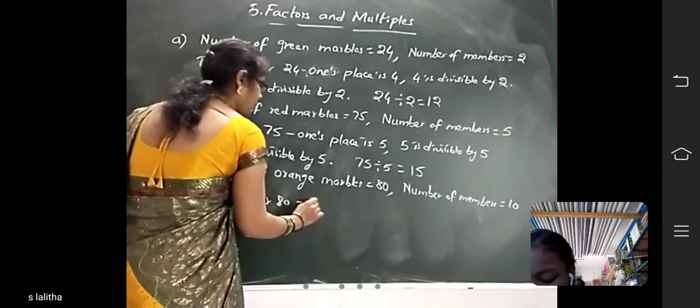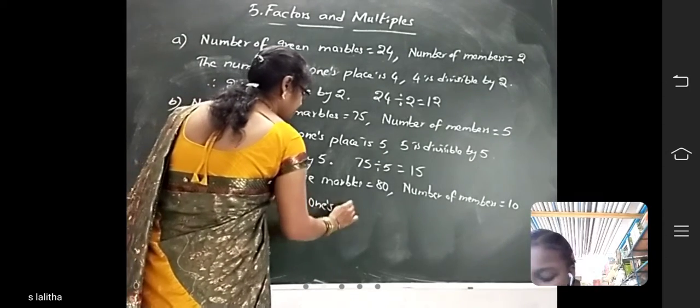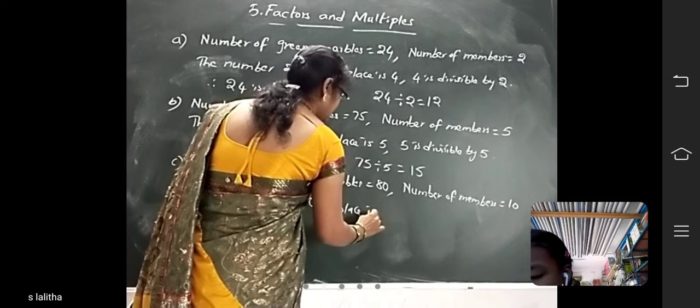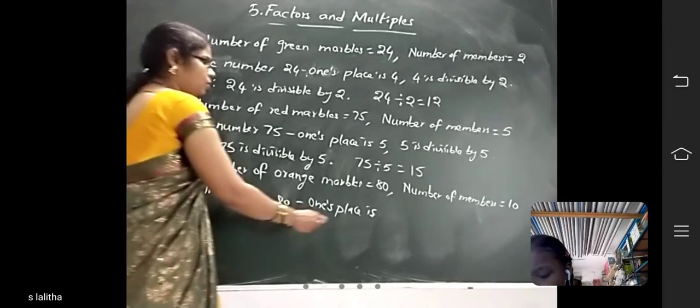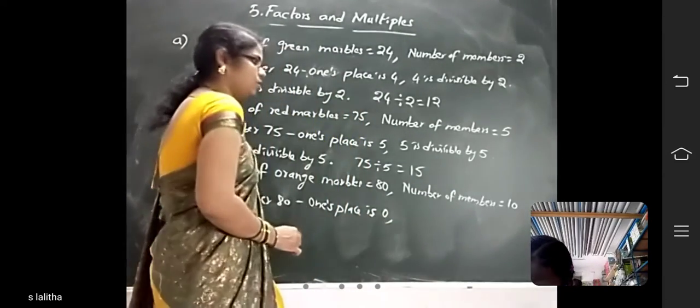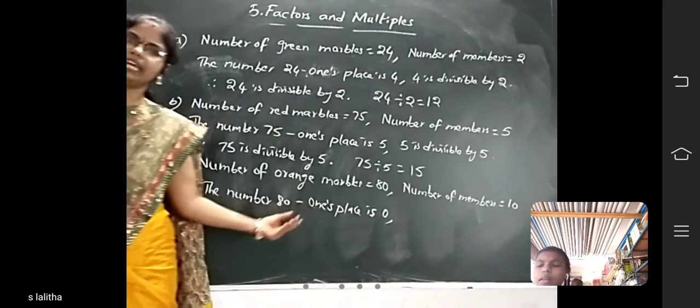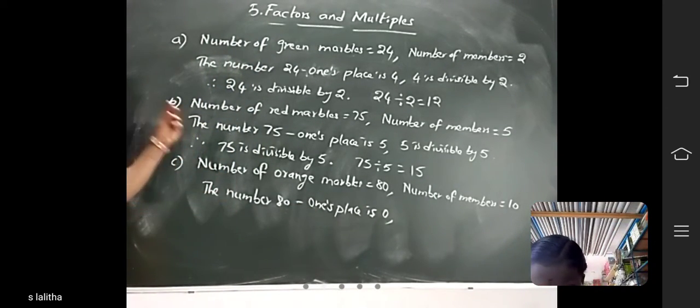So the number 80, ones place is, what is the ones place here? 0. Ones place is 0. So 0 is divisible by 10 or not? Yes, 0 is divisible by 10.